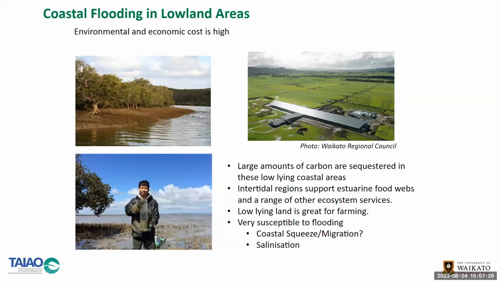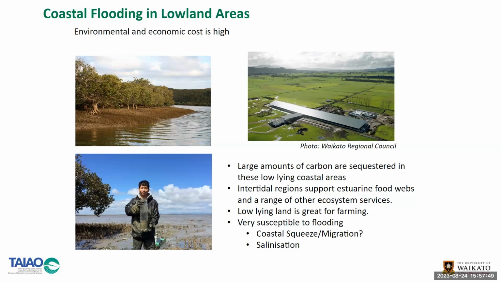Okay, and why are we so interested in these low-lying areas? Well, first of all, there's a large amount of carbon sequestered in these coastal low-lying areas. They're organic, rich soils. Those intertidal and wetland regions are at the base of estuarine food webs.